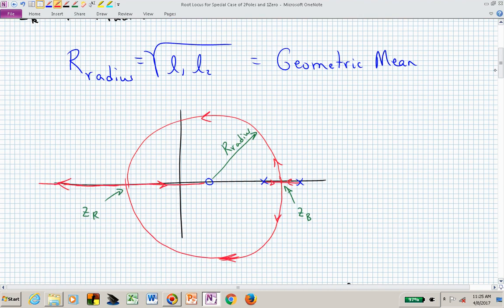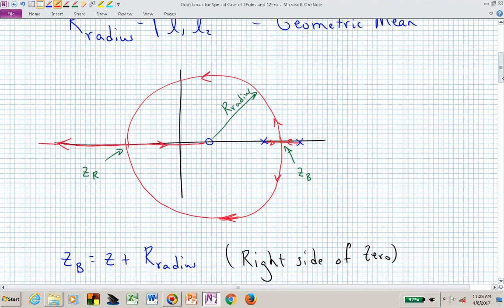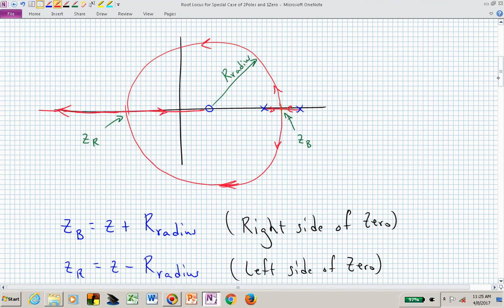And that's what I'm trying to indicate here with this picture. Maybe it's a little cleaner, but our radius, again, is this computation from the zero and the poles P1 and P2. The breakaway point, Z sub B, is to the right of the zero.